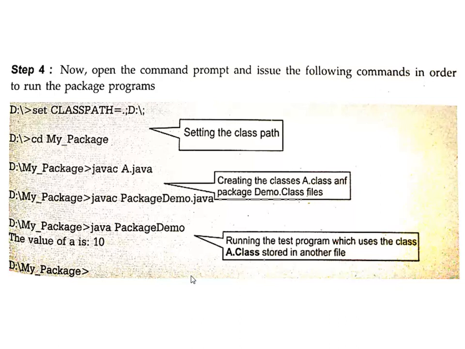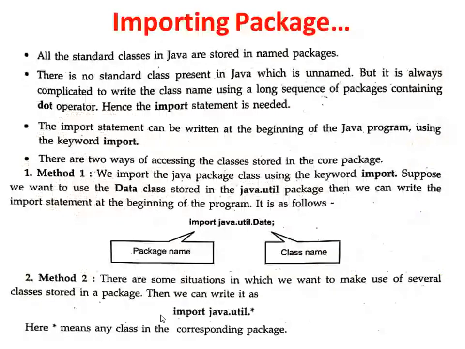After compilation, I will not run a.java. I will run another Java program, that is javac package demo.java. Afterwards, I'll run package demo, and you can see the value of a will be displayed as 10. Hence, in this way, we can run a Java program using a package.